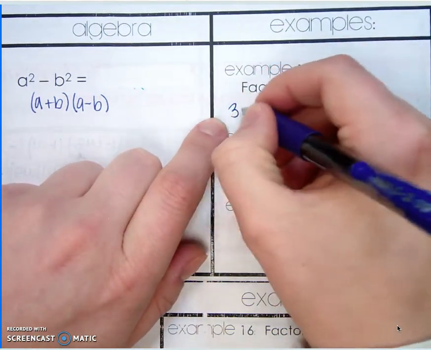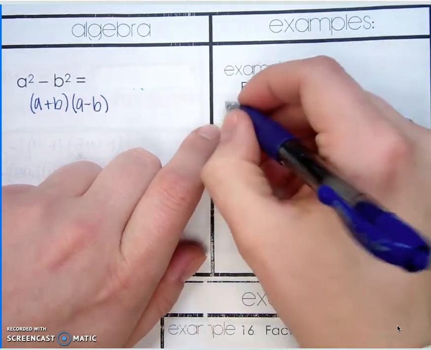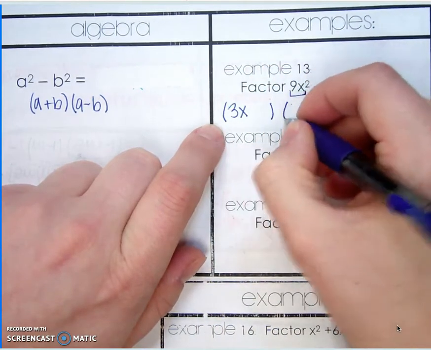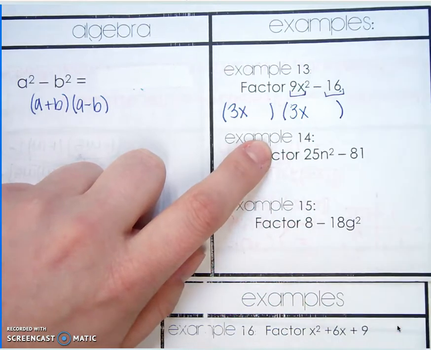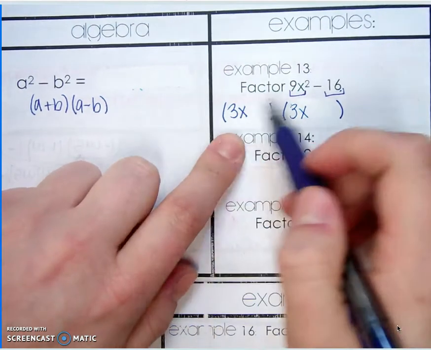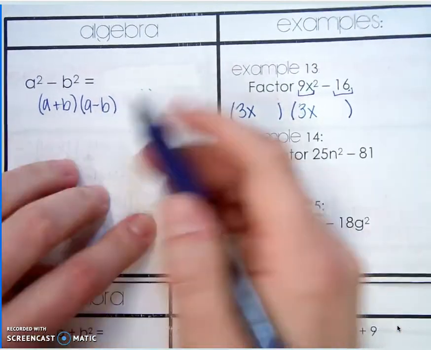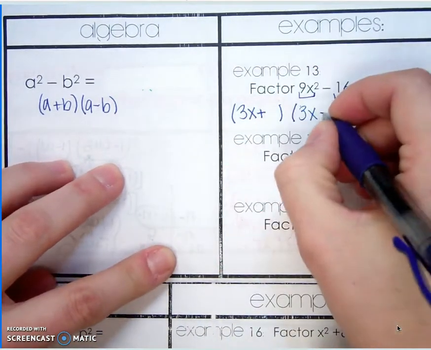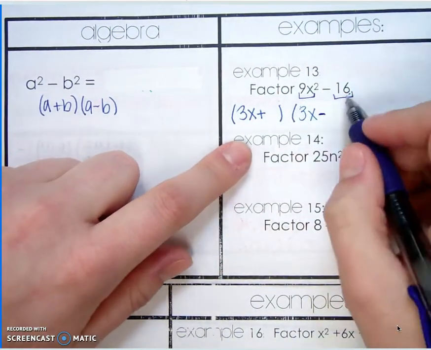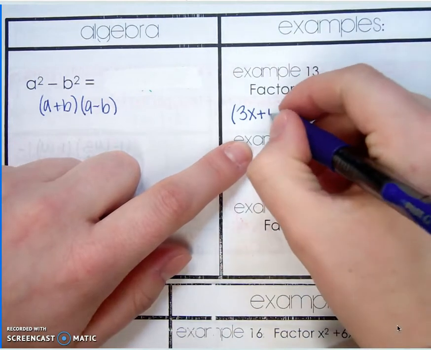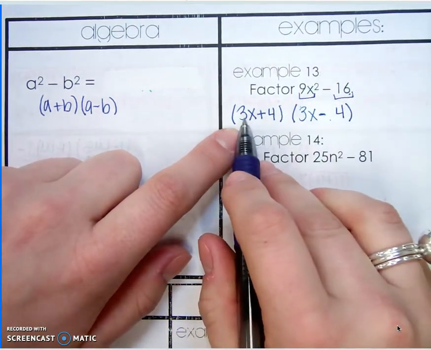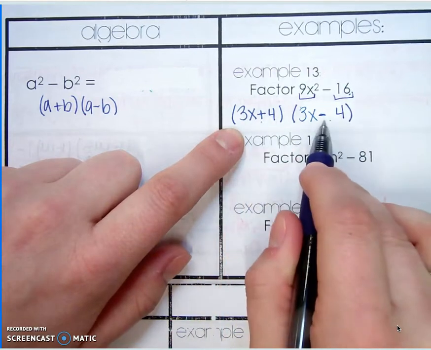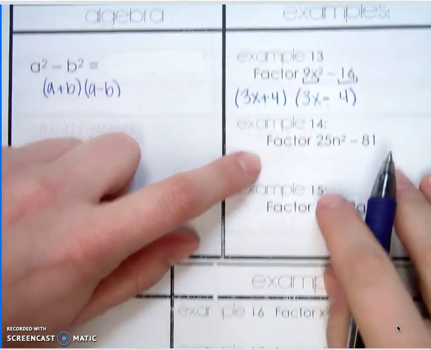So that's the first term in each of the binomials. And then I know that I'm going to have a plus and a minus. What two numbers are the same that multiply to give me 16? 4. So these are exactly the same binomials, with the exception of the signs in between.